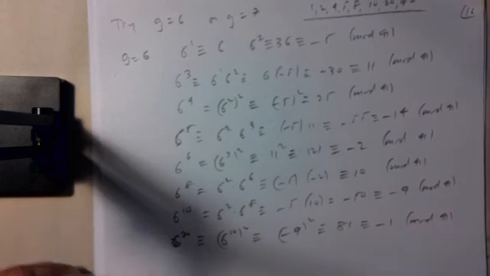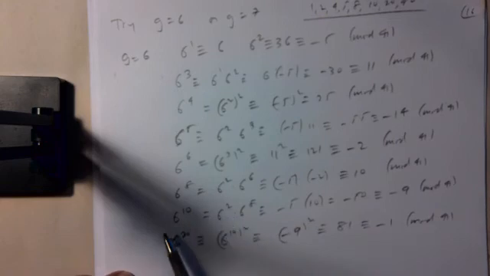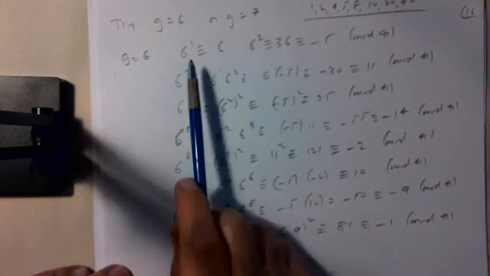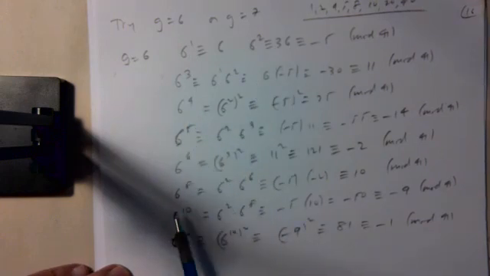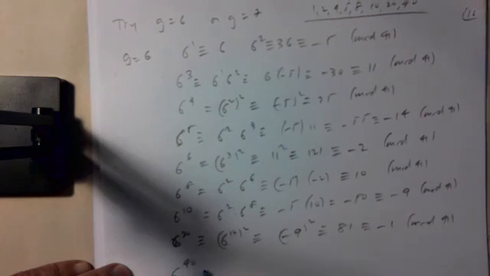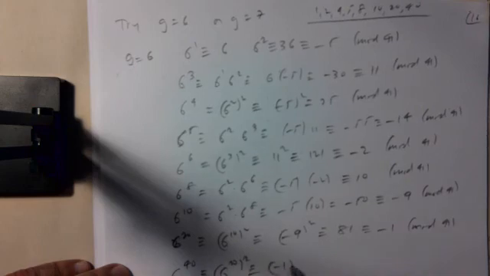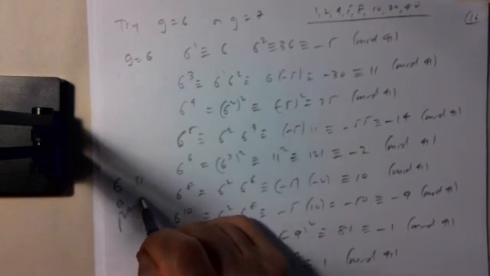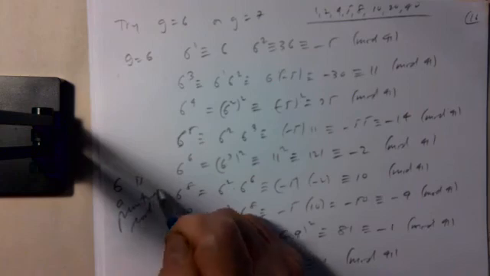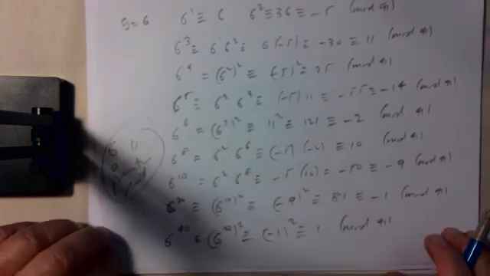And I finally have an answer because 6 does not have order 1, 2, 4, 5, 8, 10, or 20. And of course, 6 to the 40th is 6 to the 20 squared, which is minus 1 squared, which is plus 1 mod 41. So 6 is a primitive root, right?